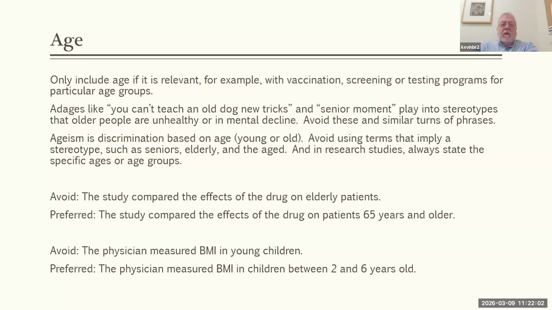So you want to avoid comparing the effects of drugs on elderly patients and phrase it in that way. And to switch that around to be inclusive is to say the study compared the effects of the drug on patients 65 years and older. Numerology. Young children, avoid that and you can swap it out for the specifics of age, such as children between 2 and 6.